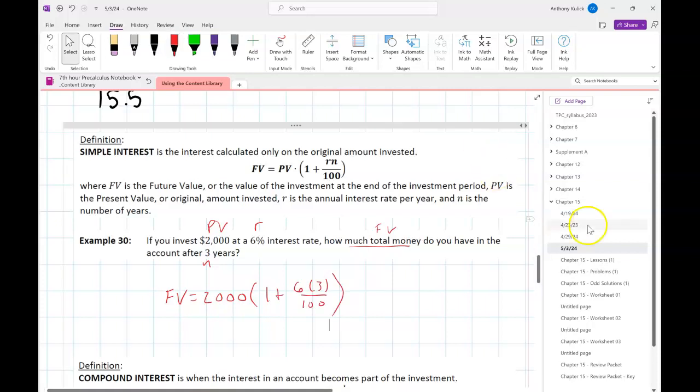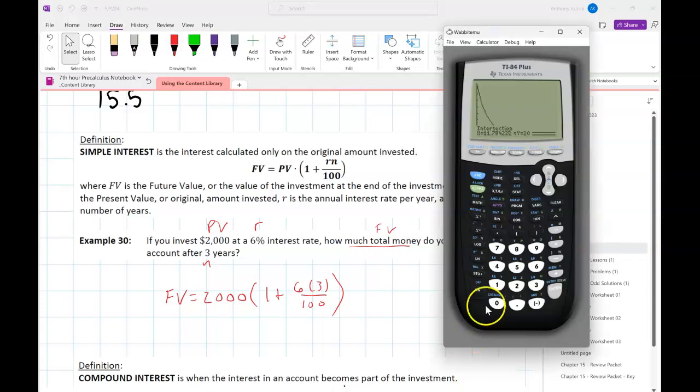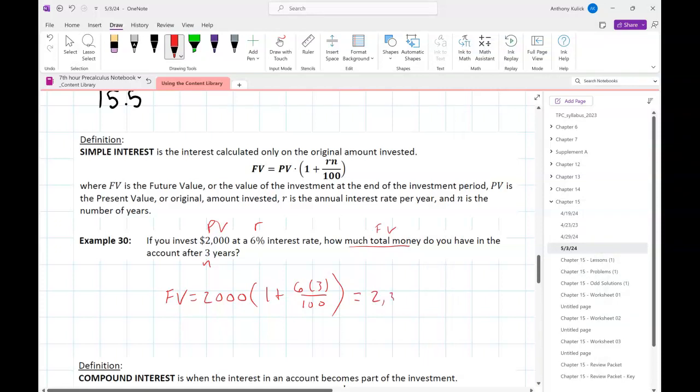So 2360. Does everybody feel okay with what I did there?